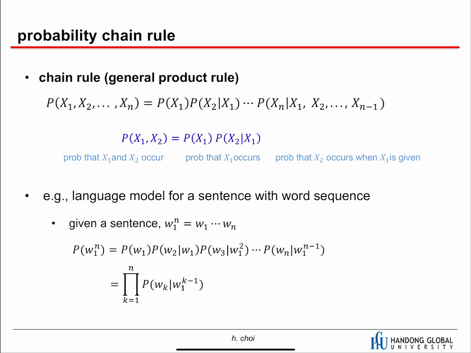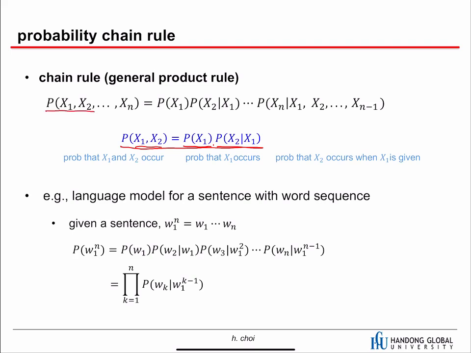Okay, and the next rule is the probability chain rule. The chain rule is actually a generalization of the simple product rule. In the simple product rule, we already observed this equality: the joint probability of these two variables is the marginal probability times the conditional probability. We already talked about this product rule, and the chain rule generalizes it to n variables.